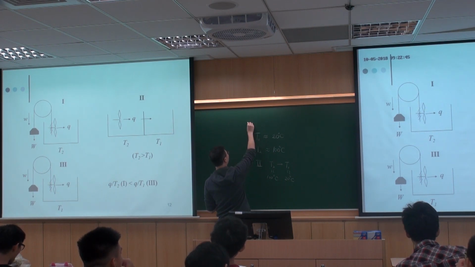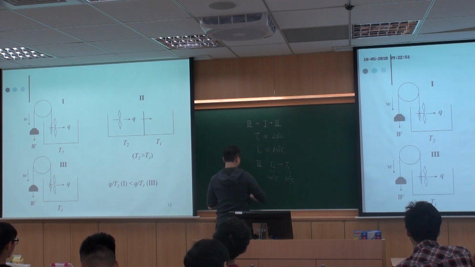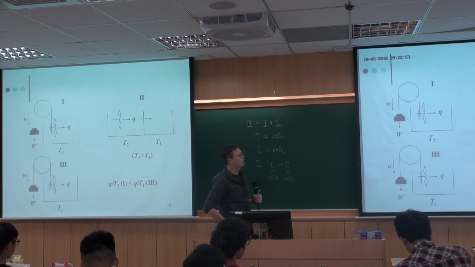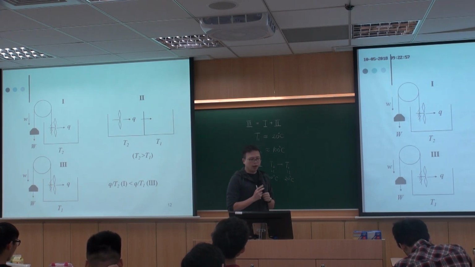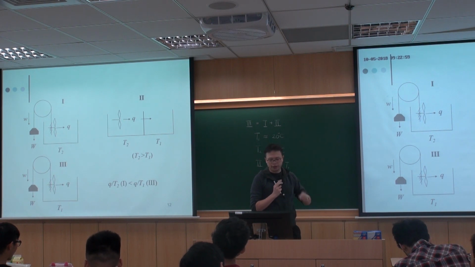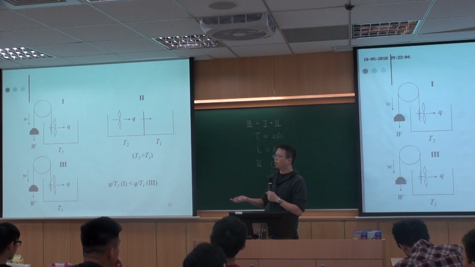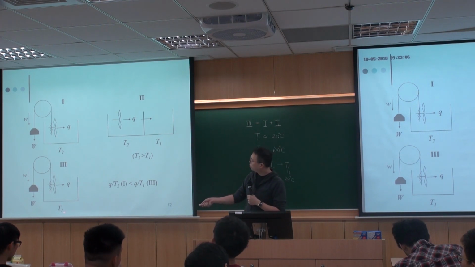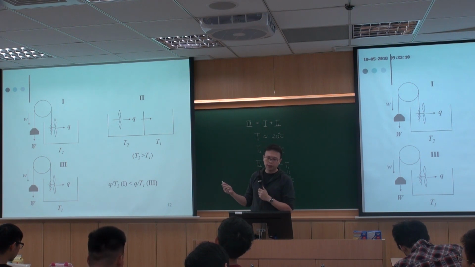So the essential idea over here is that process 3 is actually the combination of 1 and 2. And we know that this is an irreversible process, because if there's no external force to put this back, and if you just release this very fast, this is an irreversible process.